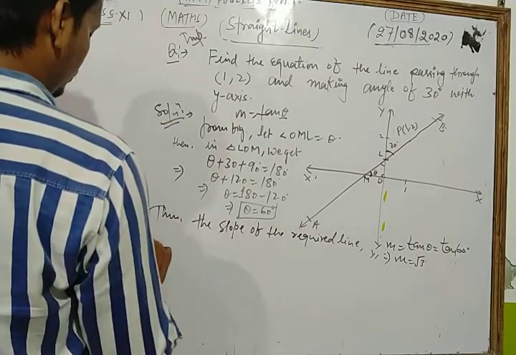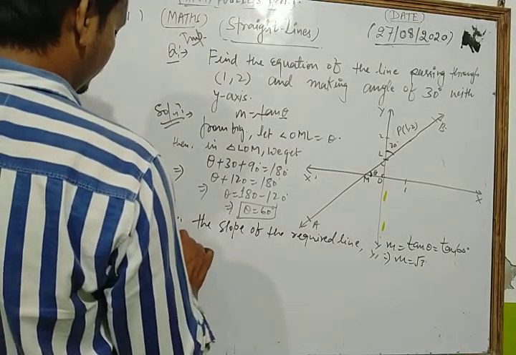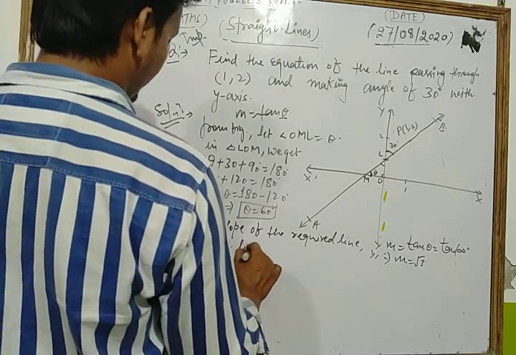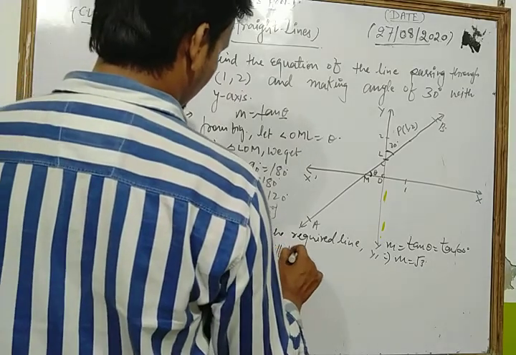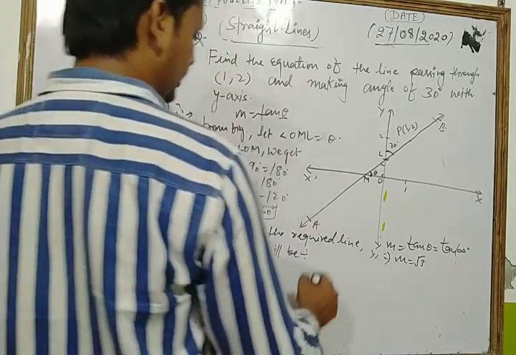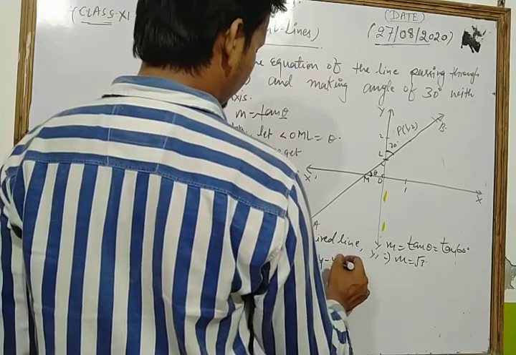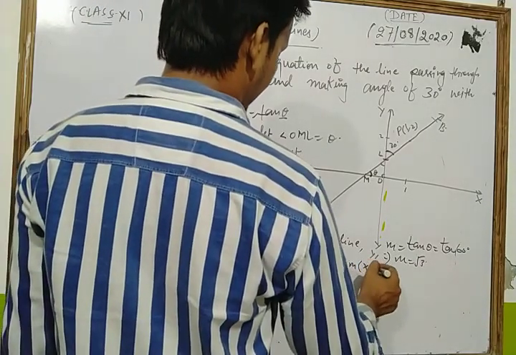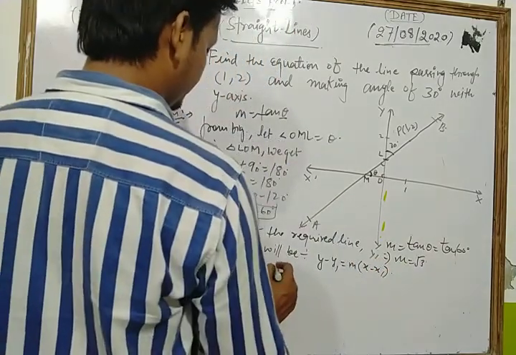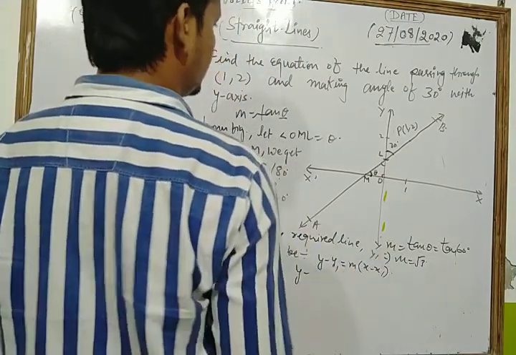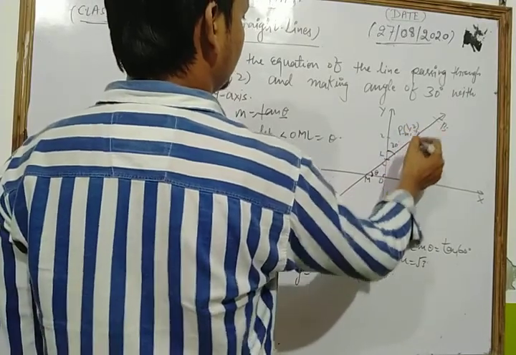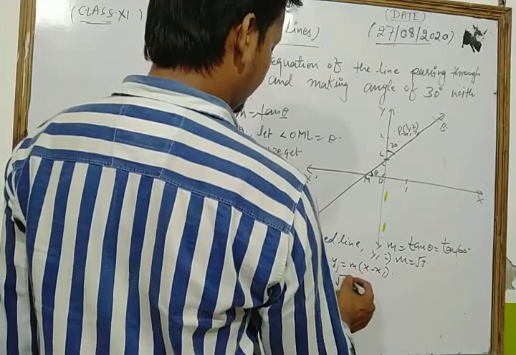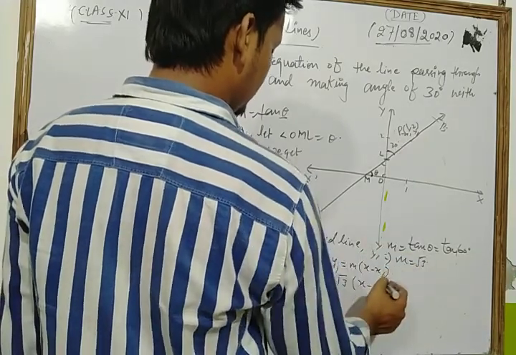So the equation of the line will be y minus y1 is equal to m (x minus x1). Here this is x1, this is y1, the value of m is root 3, and x1 is 1.